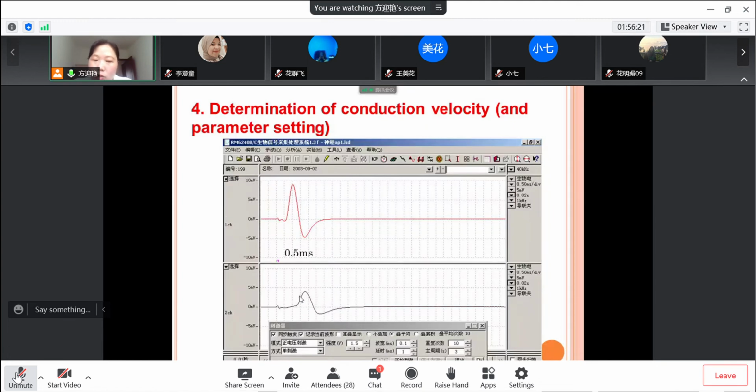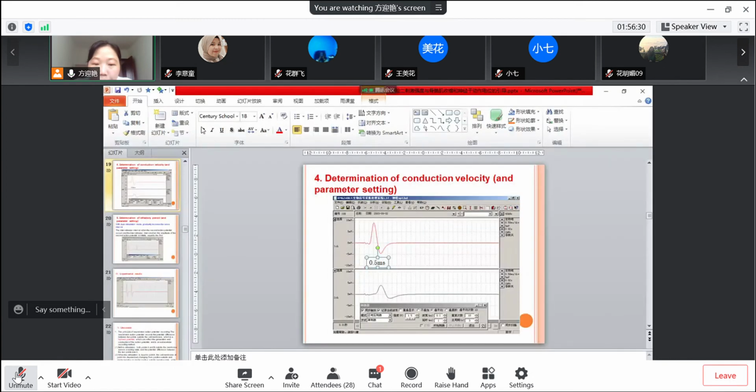Then we can see here the time and the distance, this one and the two.